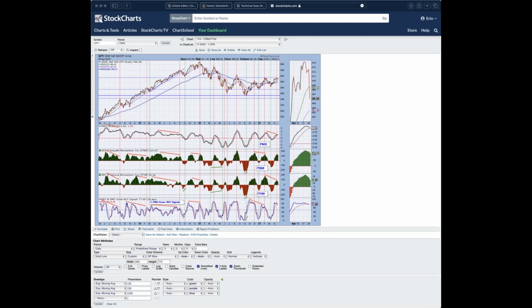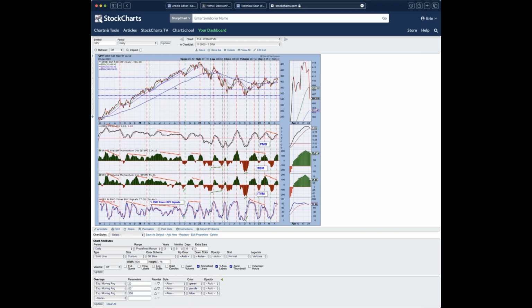I don't know why my computer's being weird. Okay, there we go. Woohoo, I figured it out. Hopefully everybody's seeing mine. I'll definitely make these charts bigger. Give me just a moment.